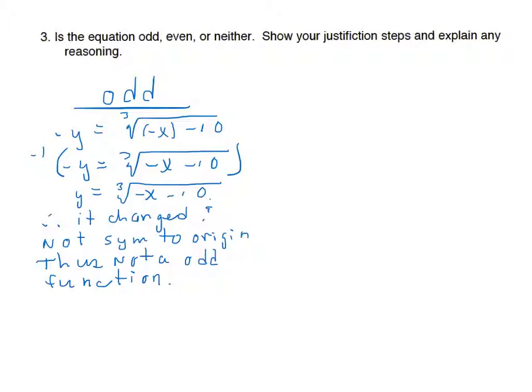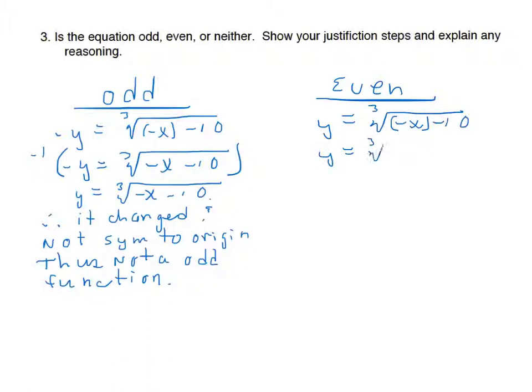Okay, let's take a look at the next one. For an even function, this time you're going to plug negative x in for x. Now make sure you show the step where you show the simplification of this. So that'll just give you negative x minus 10.